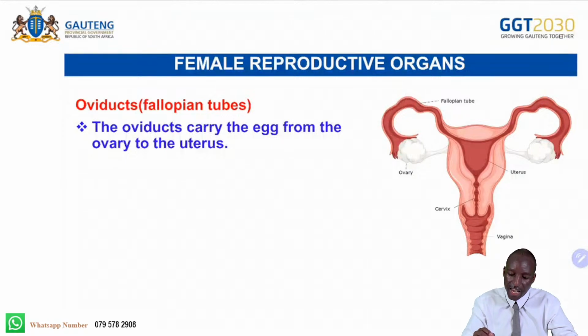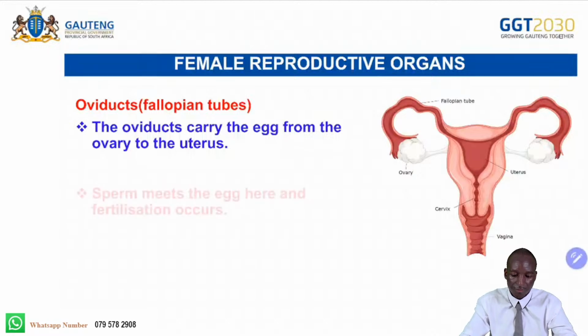The egg is going to go through the fallopian tube, there it is, down to the uterus. So the function of the oviducts is to transport the eggs from the ovaries all the way to the uterus.